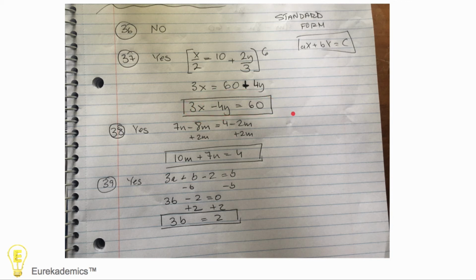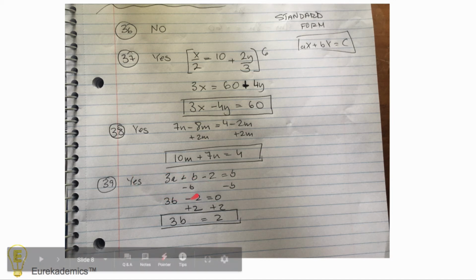For number 38, yes, it's linear, and you have to put it into standard form, and I'll give you a minute to try on your own. Number 39 is in standard form, and we just have to subtract this b unit, and then, oh, I found a typo.